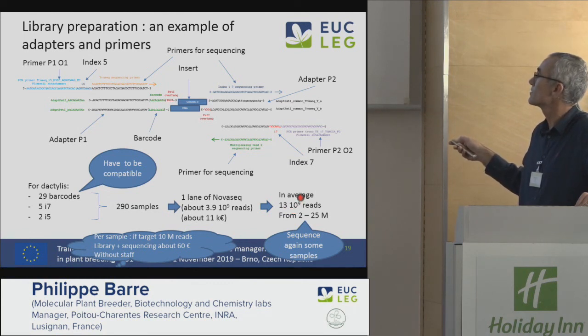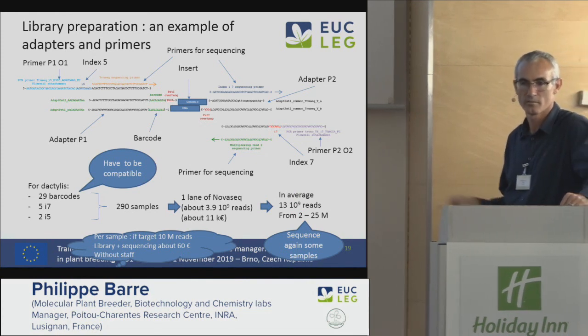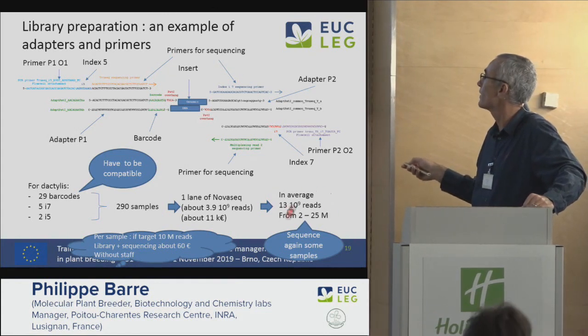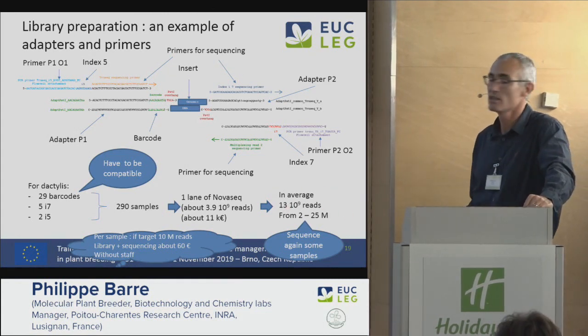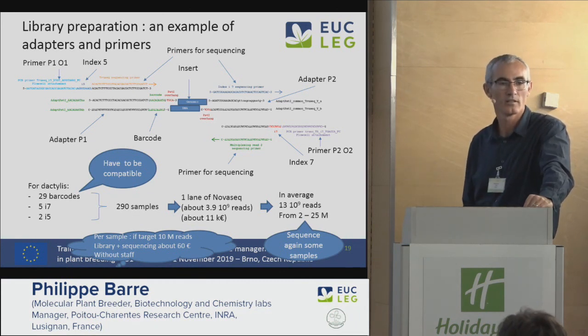No, it's a 6 here. We get 13 million reads per sample. And so we have from 2 to 25 million reads per sample. So you see here, we got from 2 to 25.